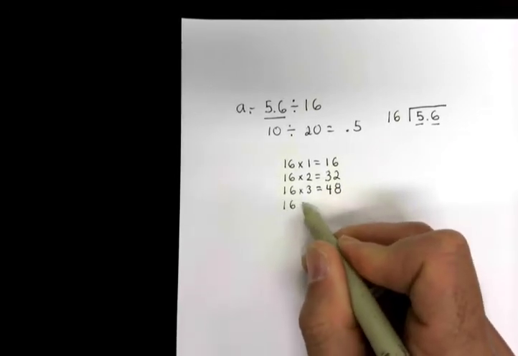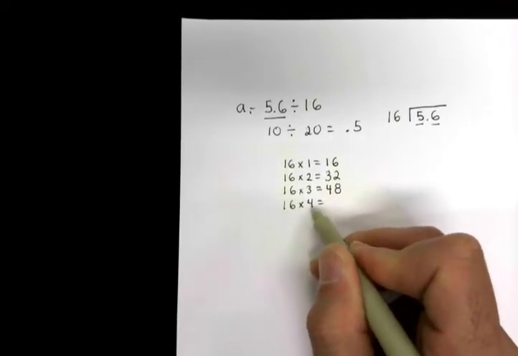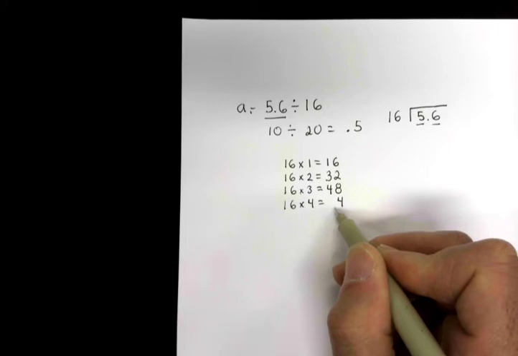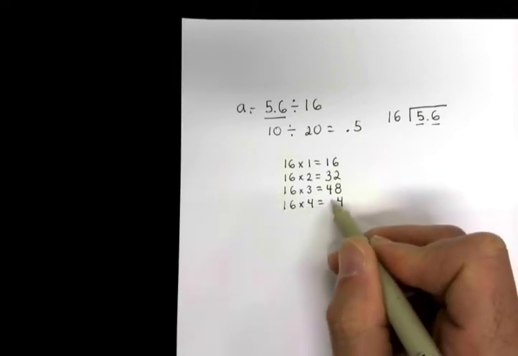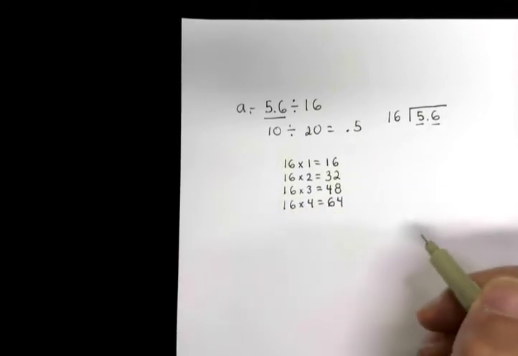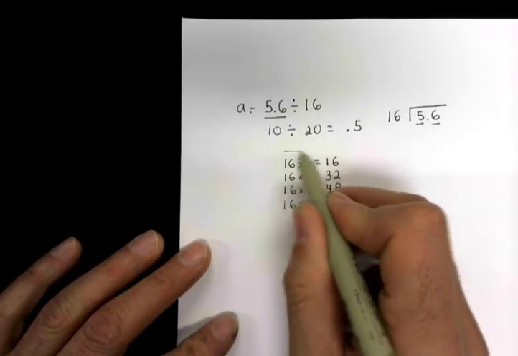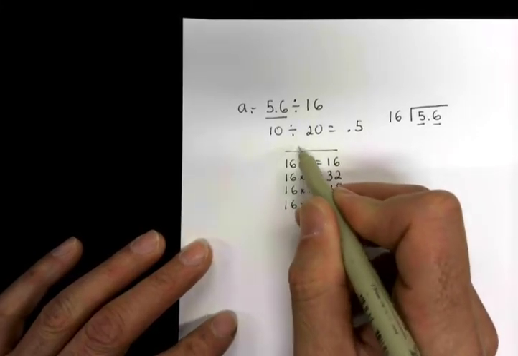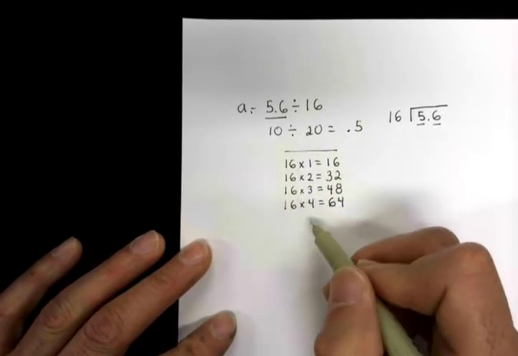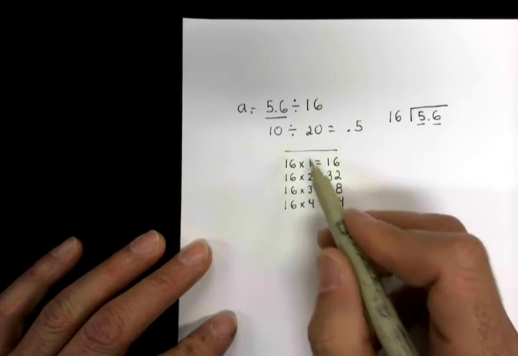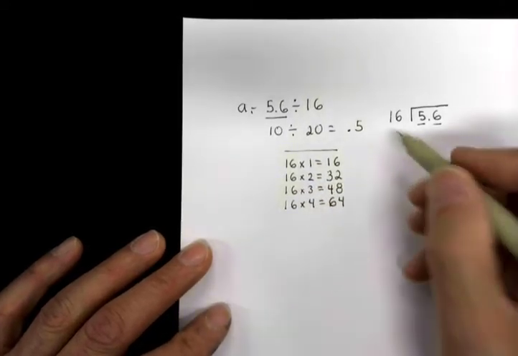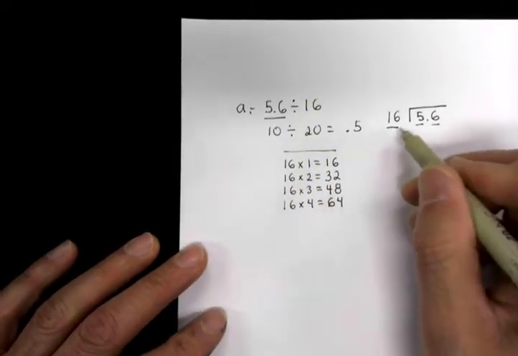And 16 times 4 is 64. All right, so let's just stop right there. This is a structure that we can create in math. It could be a table or the multiplication table because we're using 16.